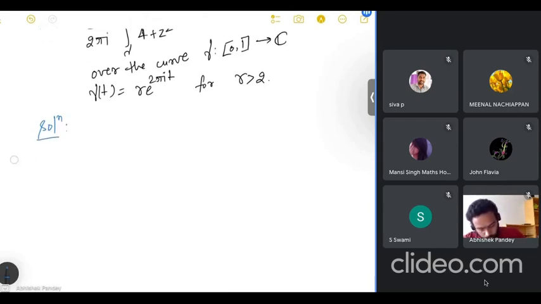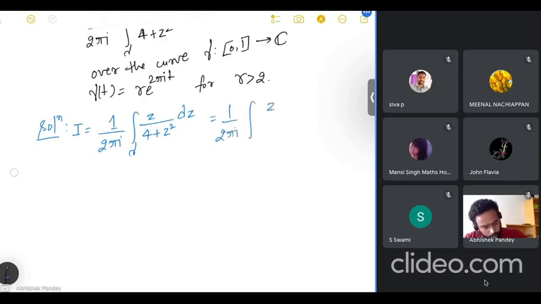So 1 upon 2 pi I, let us say this is I, capital I, integral over gamma of z upon 4 plus z square dz. This will be equal to 1 upon 2 pi I integral over gamma of z upon (z plus 2I) into (z minus 2I) dz.